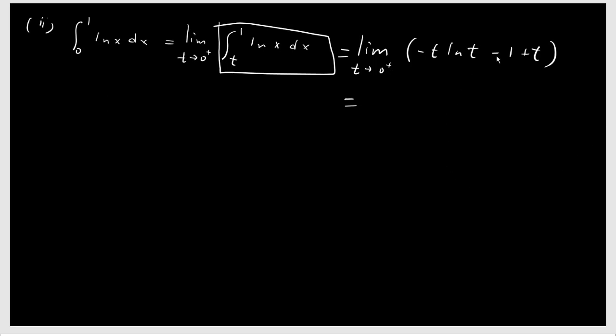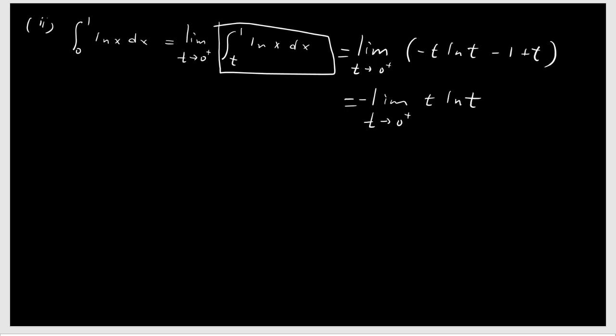Now look at the mouse cursor, okay? So later on we're going to figure out the limit of the first term, but the limit of the second term is -1. The limit of the last term is equal to 0. So we end up with something like the limit, as t approaches 0 from the right, of minus t times natural log of t.